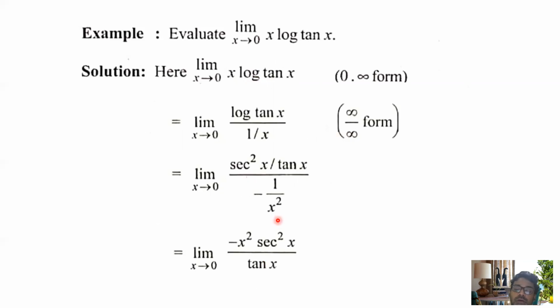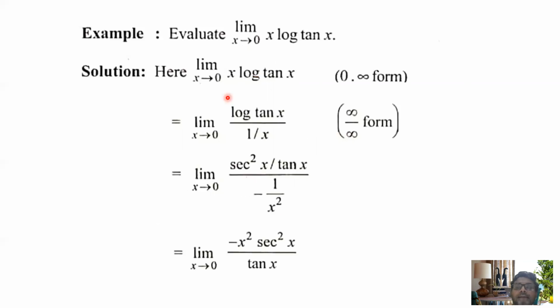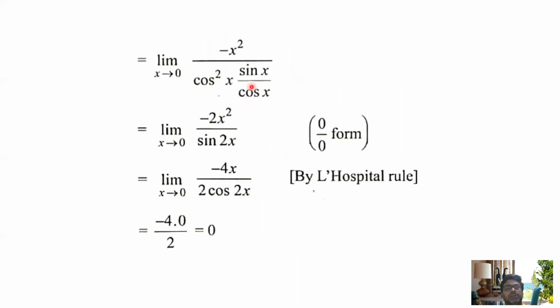Okay, so ultimately what you have, from here it is clear that it is cos square x into sin x, and after simplifying what you have is minus 2x square by sin 2x, again 0 by 0 form.